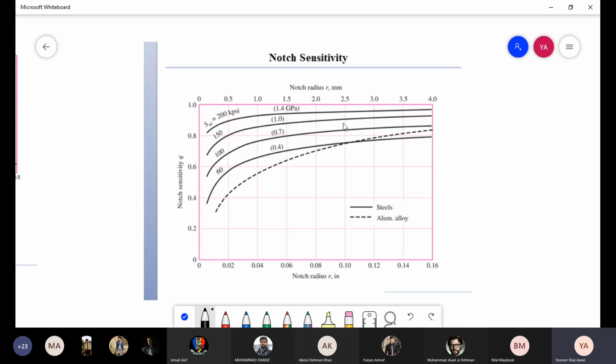And these are experimental results. This is the strength, and this is the notch radius. If we analyze this figure, it is basically saying two things. The more ductile the material, the less notch sensitive it is.